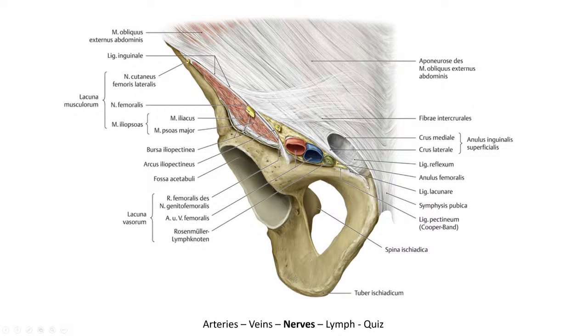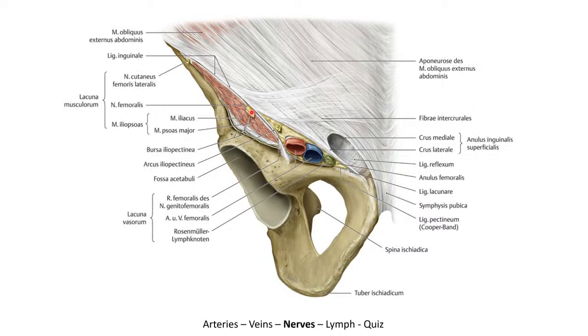Now, in lacuna musculorum will exit musculus iliopsoas, together with nervus femoralis that you can see here, and on the very lateral aspect of it, nervus cutaneus femoris lateralis. So this is the one I was speaking about earlier. This leaves through there. Now, then we have lacuna vasorum, which is for the vessels, so artery and vein, and nerve, and this nerve here, so ramus femoralis of the genitofemoral nerve.